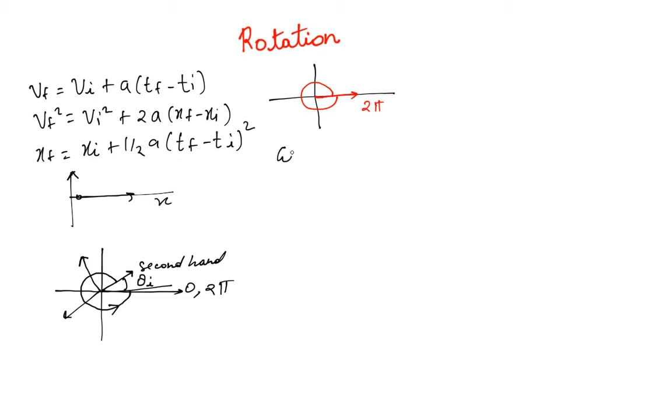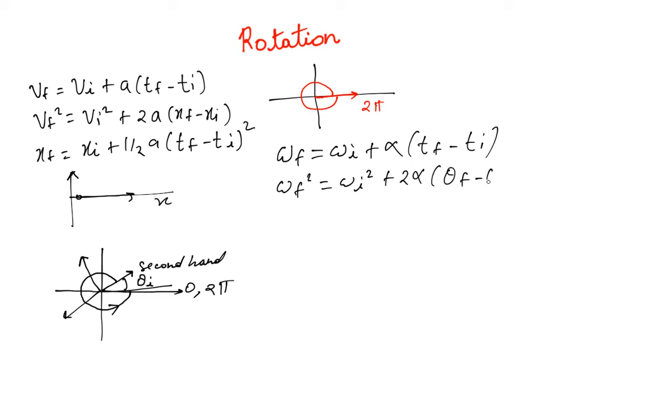We can say omega f equals omega i plus alpha (tf minus ti), omega f squared equals omega i squared plus 2 alpha (theta f minus theta i), and theta f equals theta i plus half alpha (tf minus ti) squared. You see there's a direct correspondence.